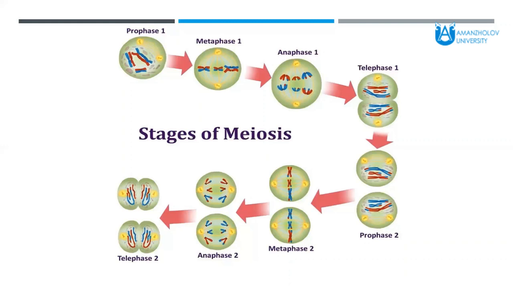In the second division, chromatids are separated from the intact chromosomes, as in mitosis. This is therefore termed an equational division, since no further reduction in chromosome number occurs. The net result is the formation of four haploid daughter cells.